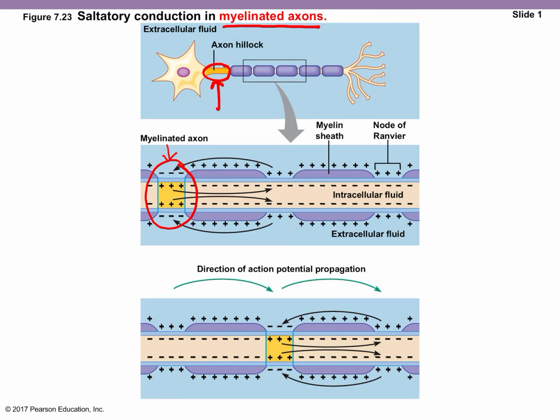So basically what happens is it jumps. You can see the arrows here. The positive charges are going to move all the way to the other node and cause a depolarization event at that node. So this kind of action potential propagation jumps from node to node to node. This is called saltatory conduction.